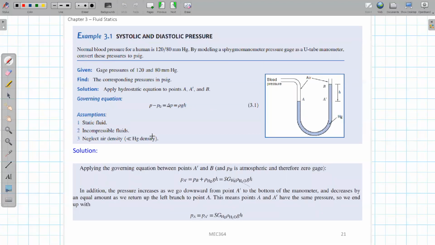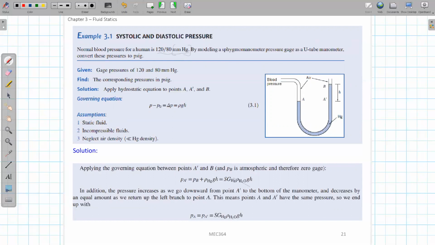This example is telling us that this value here, 120 and 80 millimeters of mercury, you can just think of as a pressure unit.